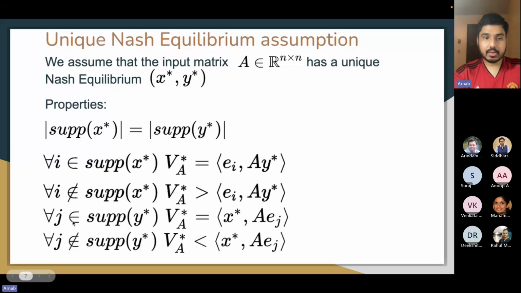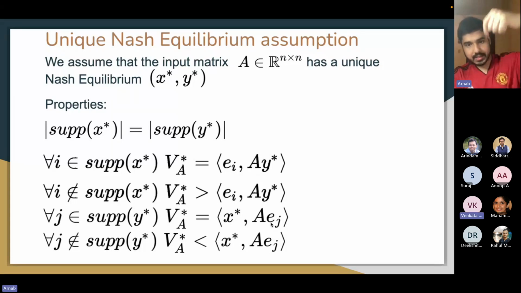Similarly, for the column player, if it chooses an index j from the support of y star, then the loss that the column player incurs by playing column j is going to be V_A star. And if j is not part of the support of y star, then the loss it is going to incur is way more than V_A star. So from the perspective of both players, it's better if they quickly determine the supports and play within that support. That's the general goal that the players have.